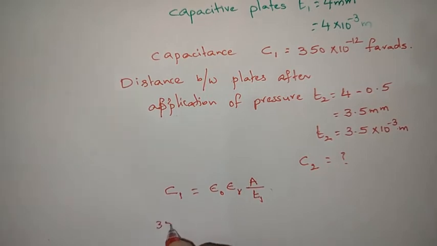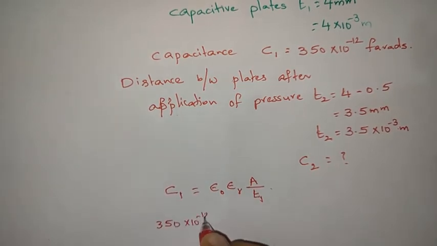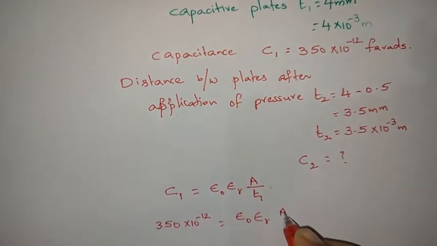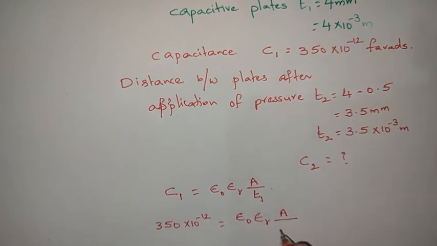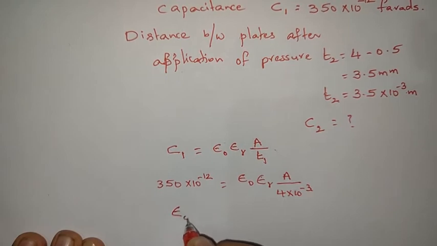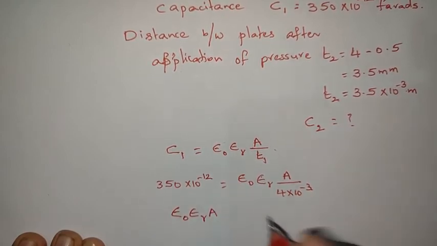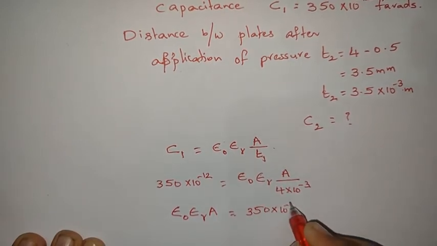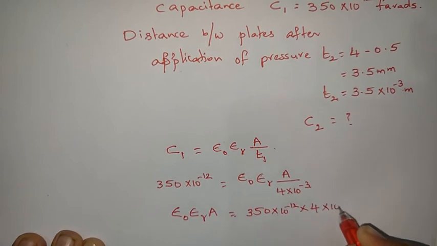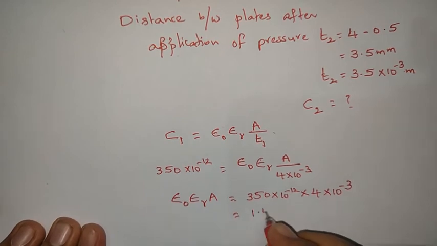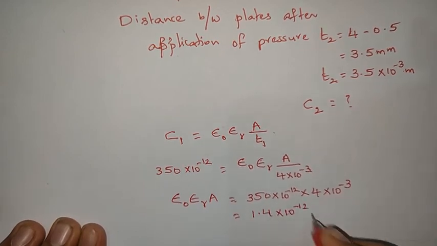So 350 into 10 power minus 12 is equal to epsilon naught into epsilon r into A by, what is the T1 value? 4 mm. So 4 into 10 power minus 3. Then the value of epsilon naught into epsilon r into A is equal to 350 into 10 power minus 12 into 4 into 10 power minus 3. So it will be equal to 1.4 into 10 power minus 12, right?